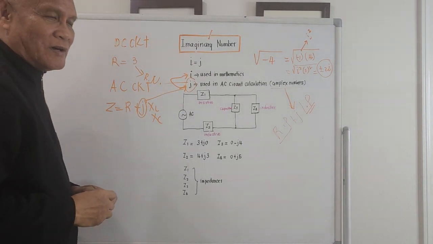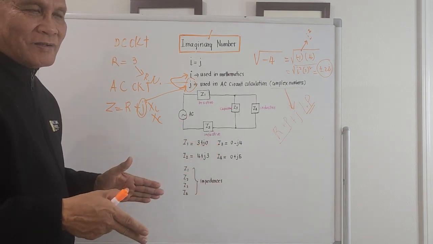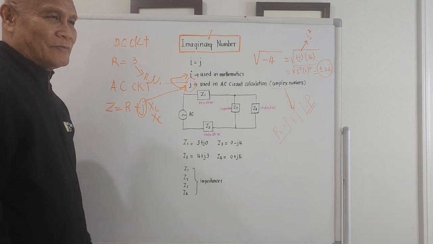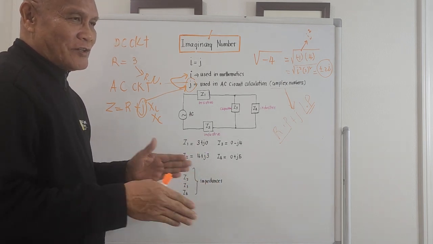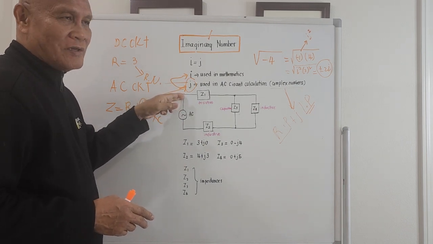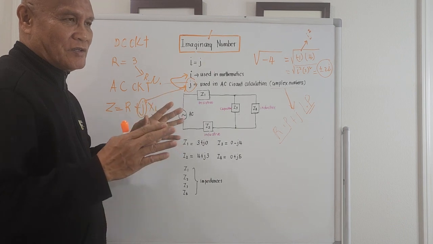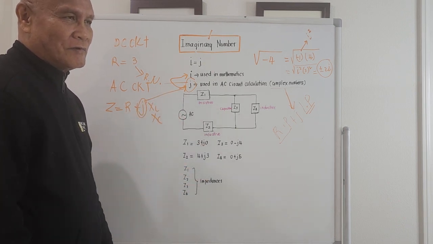So the one we are solving on the shorts videos, the letter I, as for me, has no significance. The only significance for this letter I is its equivalent in J, and this J is used in the calculation of alternating current circuits.